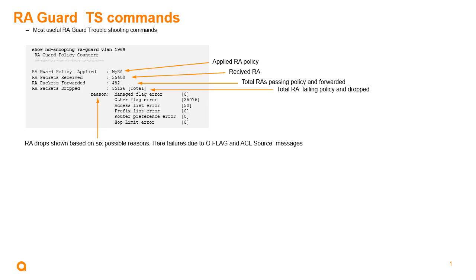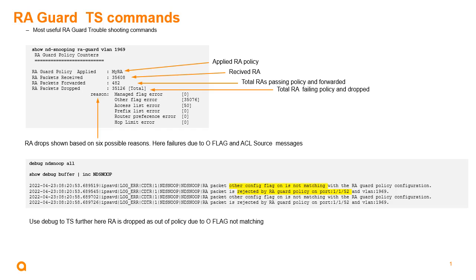We also see the reason for the RAs being dropped. In this case, it's because we hit the O flag counter and the access list is also incorrect. At the bottom, finally, we see a debug of ND Snoop. We can see that we've had a rejection, and the reason for the rejection of the RA is because the policy did not match because of the O flag in this case.